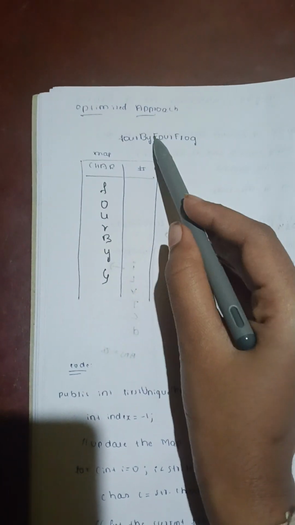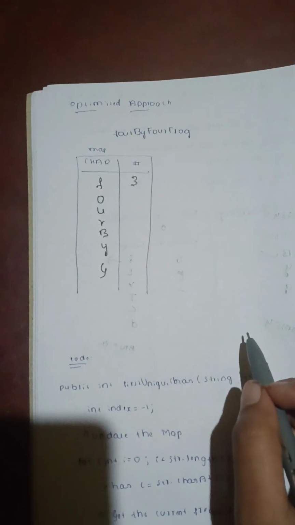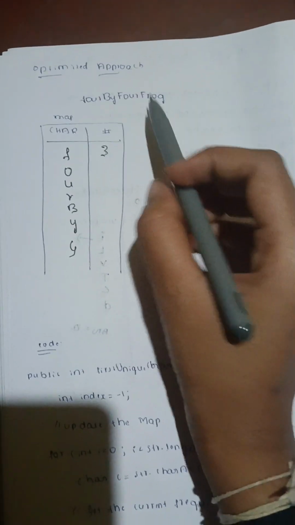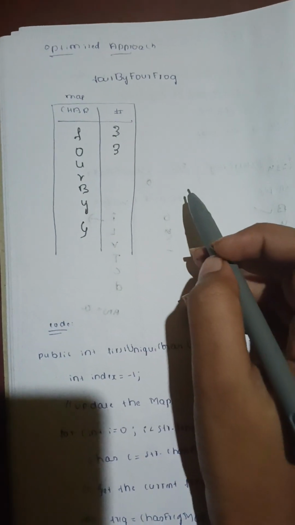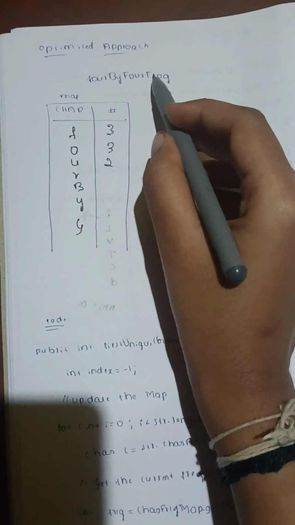F is repeated 1, 2, 3 times, so the frequency is 3. Then comes the O. How many times is O repeated? O is repeated 3 times, so the frequency of O is also 3. Then comes the U. U is repeated 2 times, so the frequency of U is 2. Similarly, R's frequency is 3.